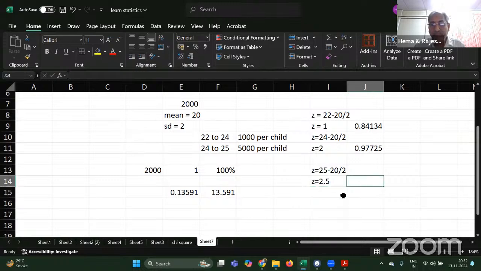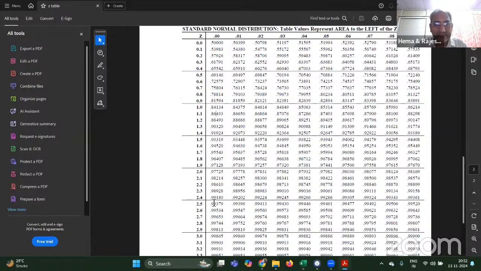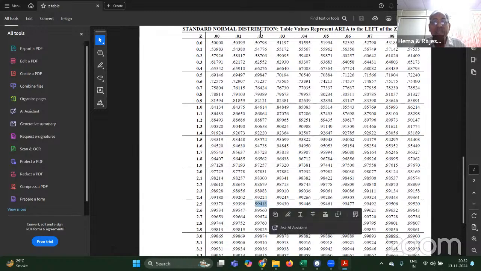Now for Z 2.5, you look over here: it is 0.99379. But if it is 2.52, then you have to add the 0.02 and come over here. This is a very accurate thing.